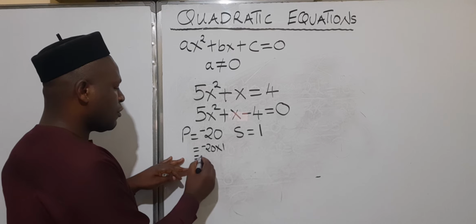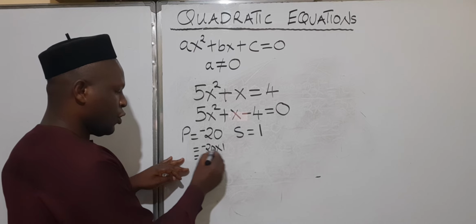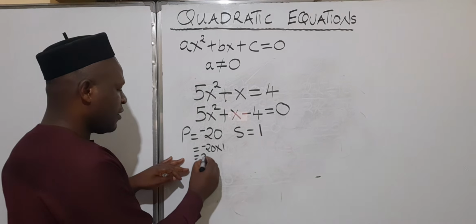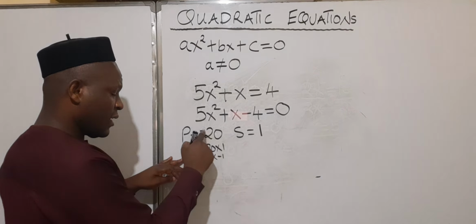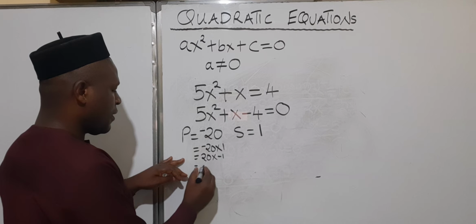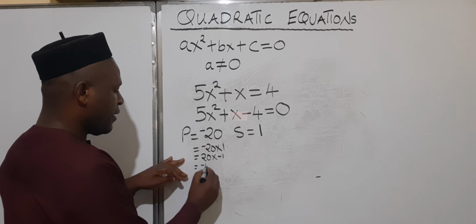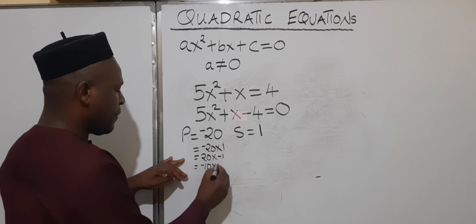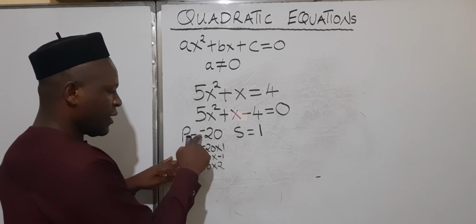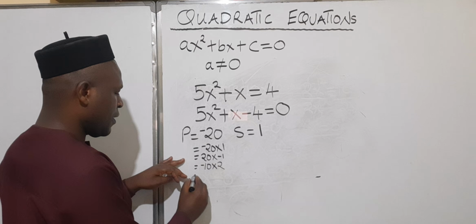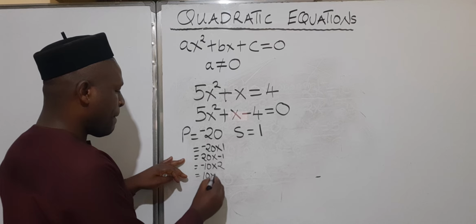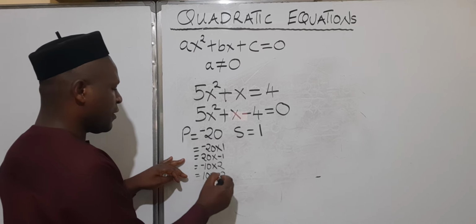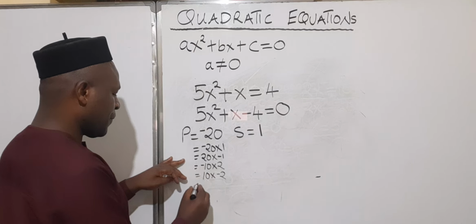You can also multiply, you just switch the signs here, 20 by negative 1, you can still get a negative 20. The other one, you can multiply negative 10 by positive 2, you can still get a negative 20. The other one, you multiply a 10 by negative 2, you can still get a negative 20.